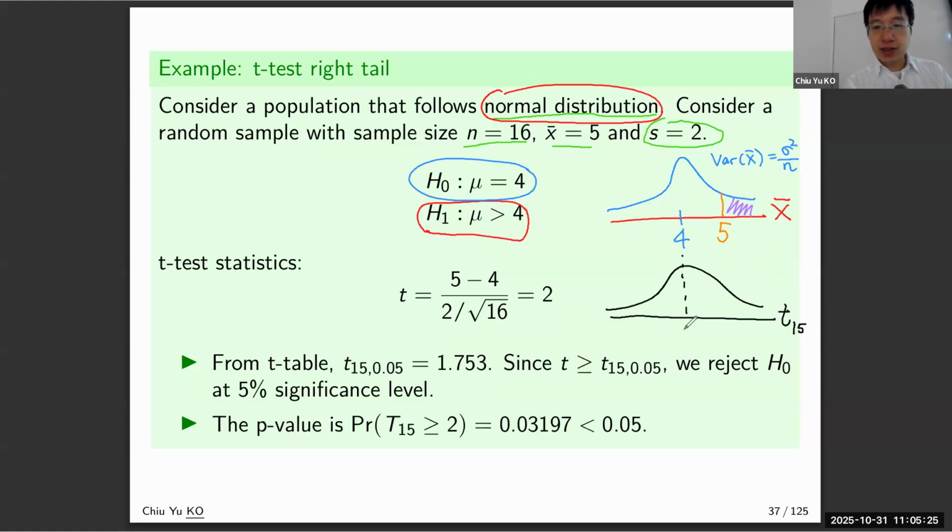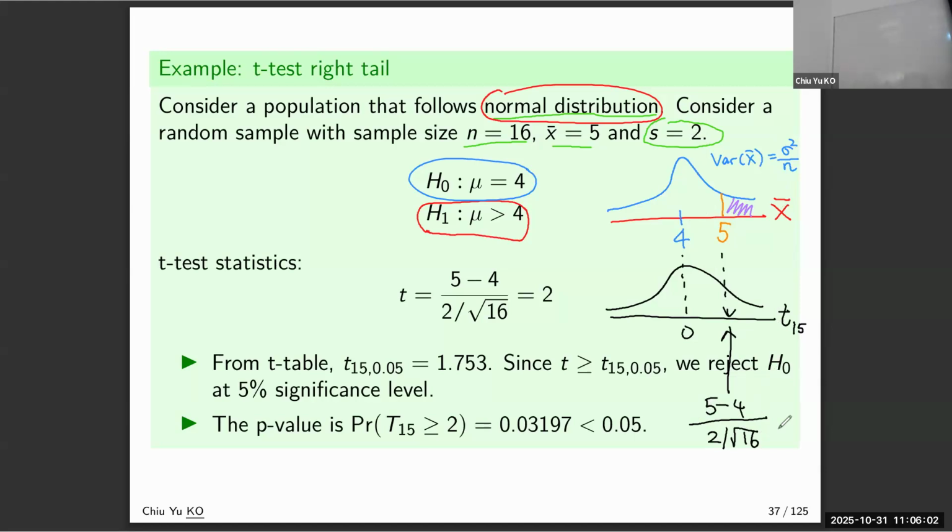How do you transform this? You subtract its mean, so 4 becomes 0, and 5 becomes what? How do you get this number? It is 5 minus 4, the distance, divided by this one, but you replace sigma by s. So it is 2 over the square root of n, which is 16. We don't know sigma, so you replace it by s, so it's s over root n.